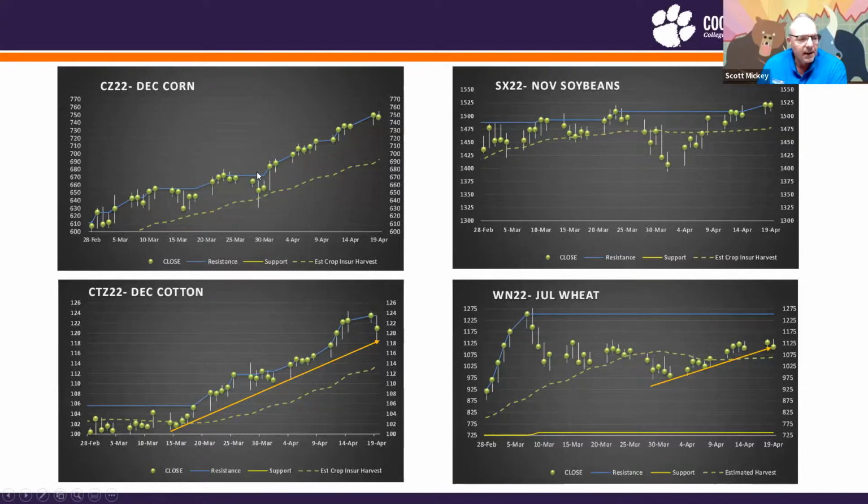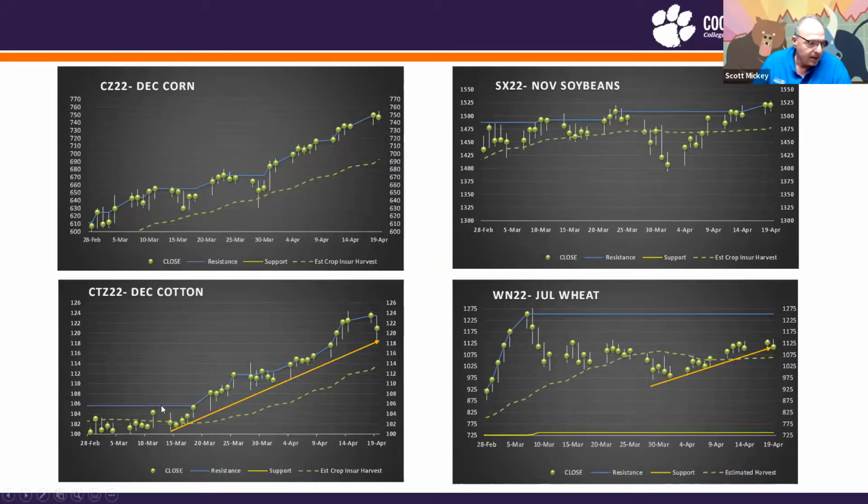And when USDA came out with much lower corn acres intended for 2022, since then, corn prices have really just taken a run higher. This is December 22 corn. And in South Carolina, that's at 747 is the futures price. I mean, if you add 50 cents for basis, we're looking at an opportunity to have $8 corn in South Carolina for 2022.